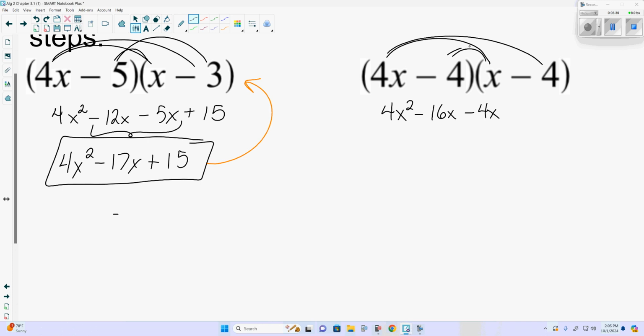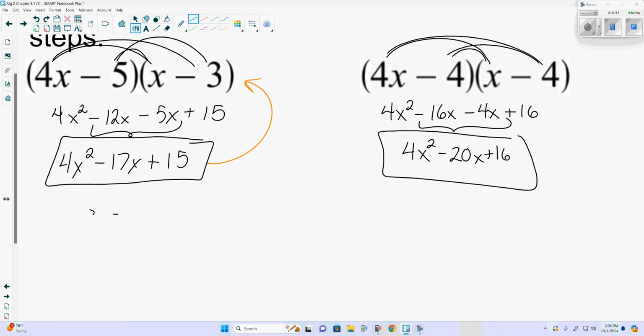And lastly, negative 4 times negative 4 is plus 16. Combine like terms. We'd have 4x squared. Negative 16x minus 4x is negative 20x plus 16. Questions on this here?